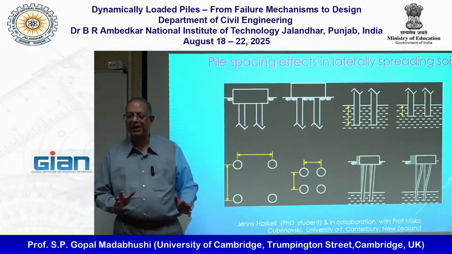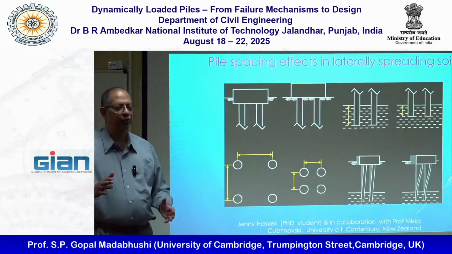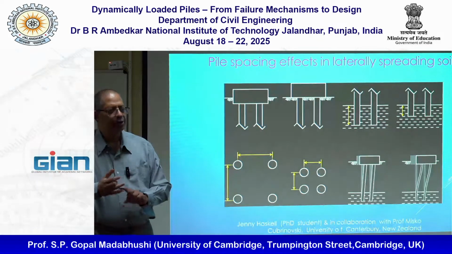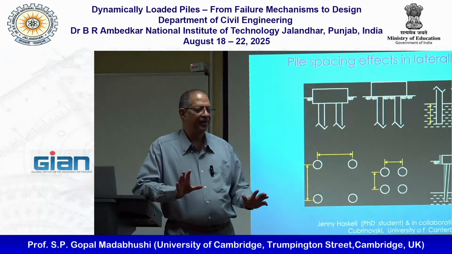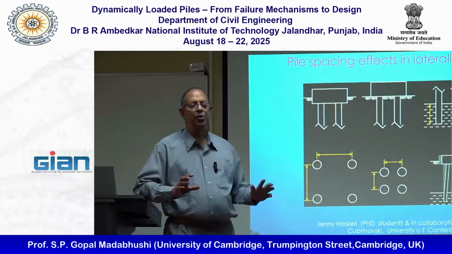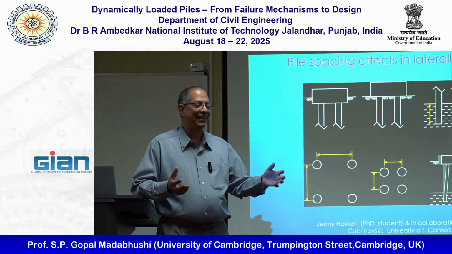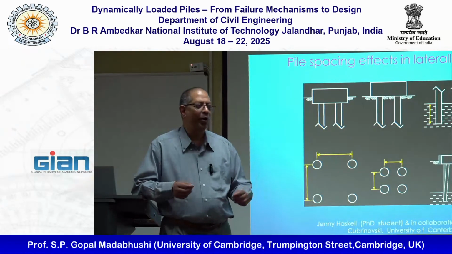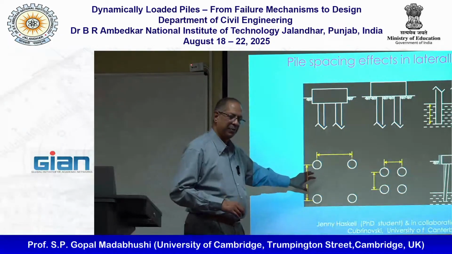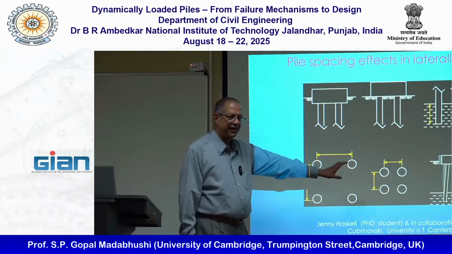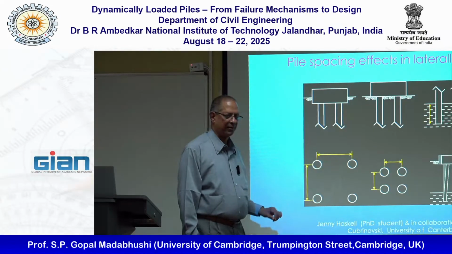Typically, pile spacing is anywhere between 5D to 2.5D. That is the range. You don't normally design 10D spacing. That is almost designing like single piles. 5D is the upper limit. 2.5D spacing is the lower limit.